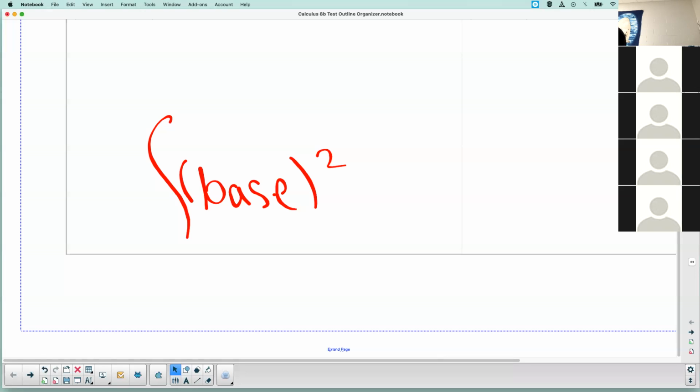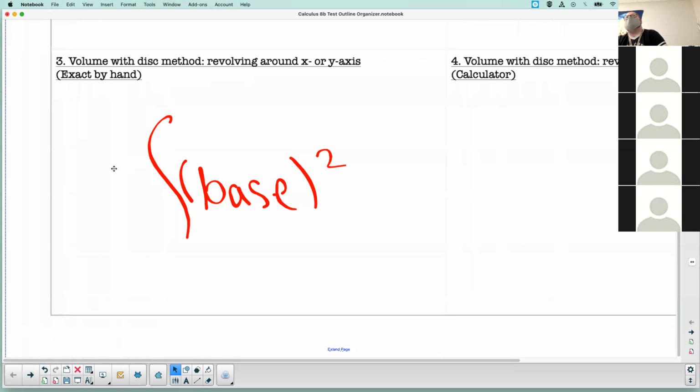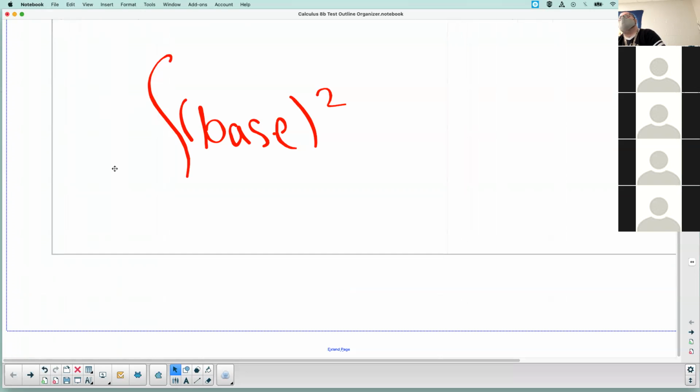Not necessarily for a square, but for any sort of shape, if it was perpendicular to the x-axis, would your equation for the base be in terms of x or y?